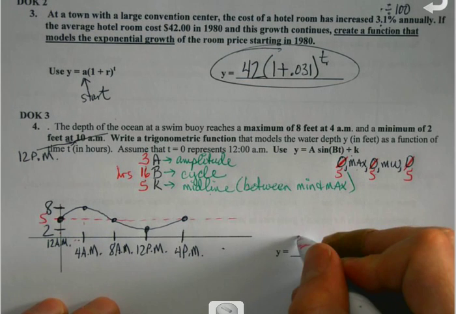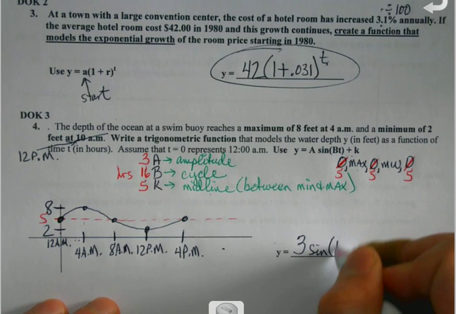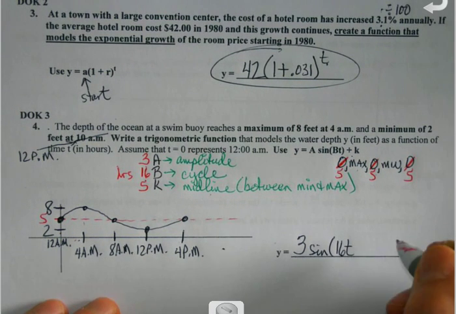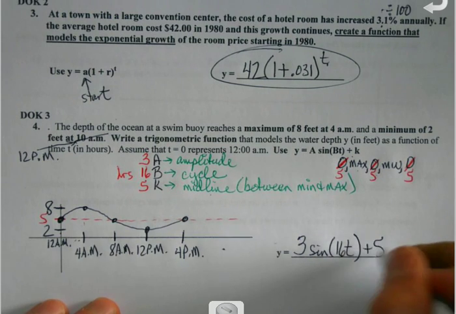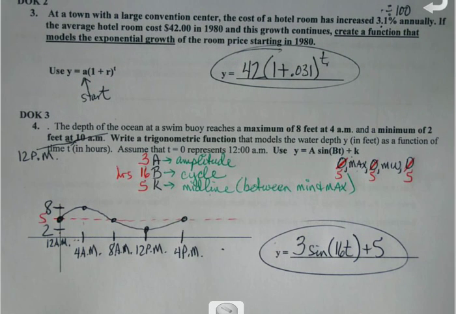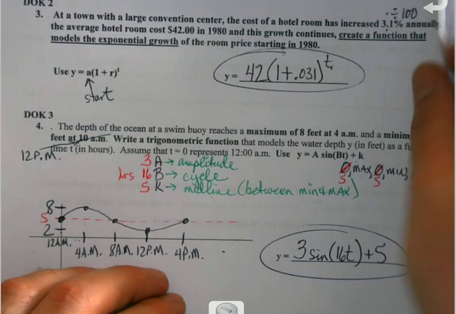So we've got A times the sine of BT, and again the T just stays the way it is, so we're flexible. And then plus my midline, and I'm ready to go. So it really isn't a terrible thing. It covers a lot of the things we actually did with the graphing. It's just written in a different way. Okay, so just remember what those 3 letters are, and we can work on getting to that.